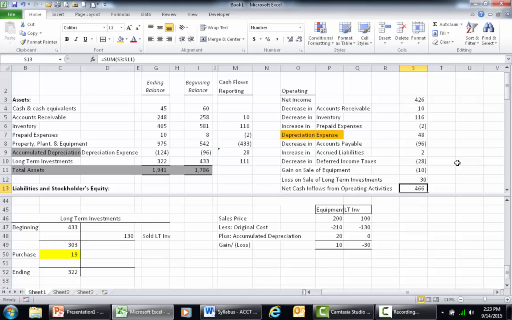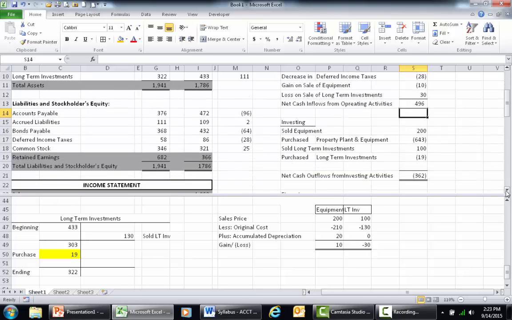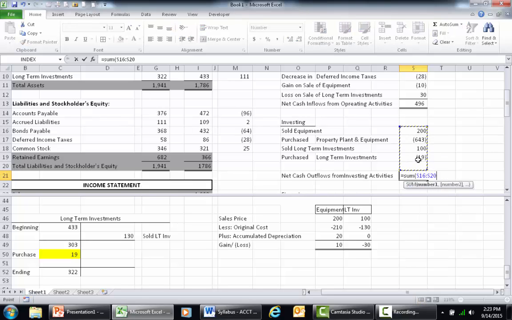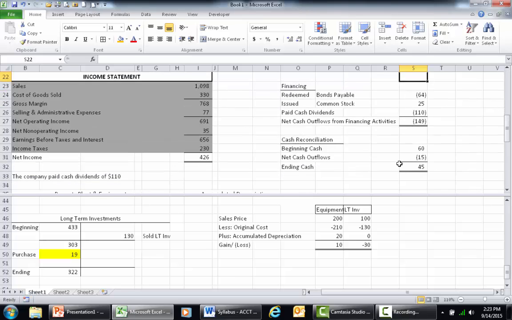So let's double check and make sure everything's looking right here. So we have 496, which now incorporates all of the items we've added. The investing is now at 362. Let's double check that just to be safe. The financing section didn't change at all. It's still at 149.